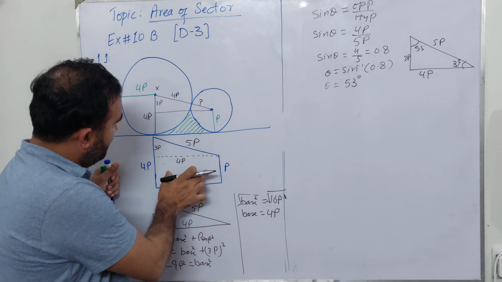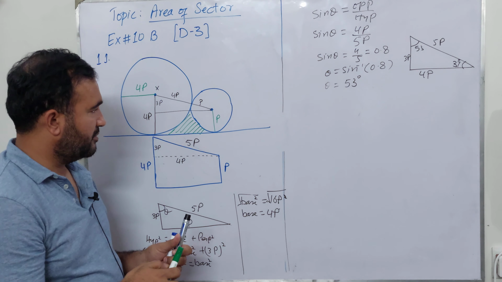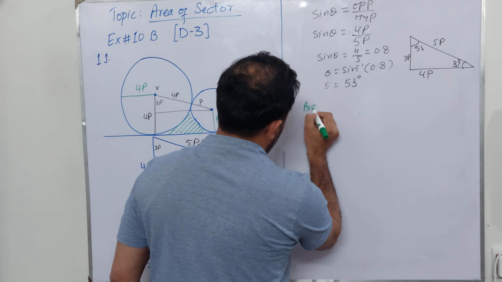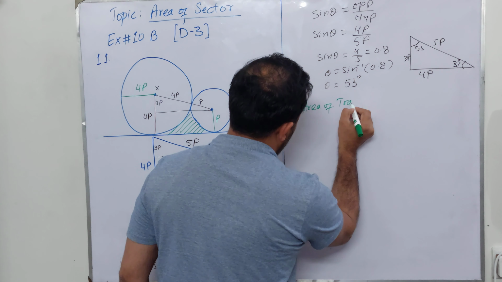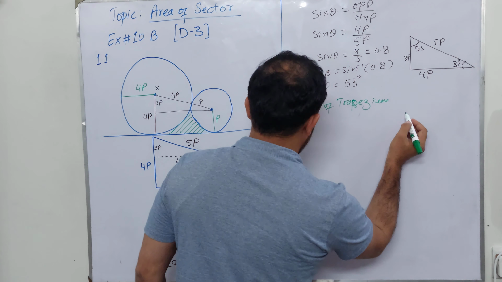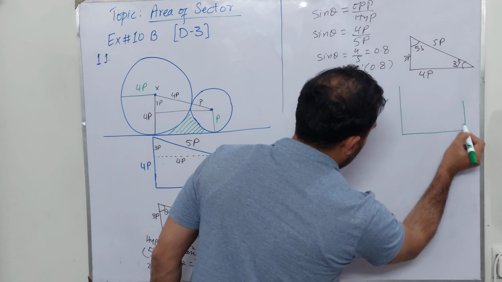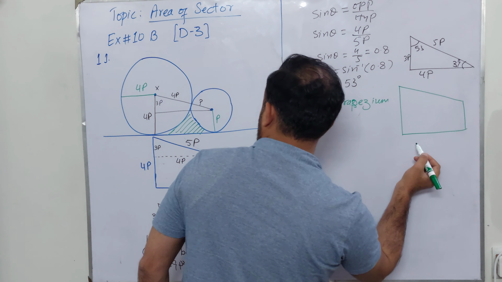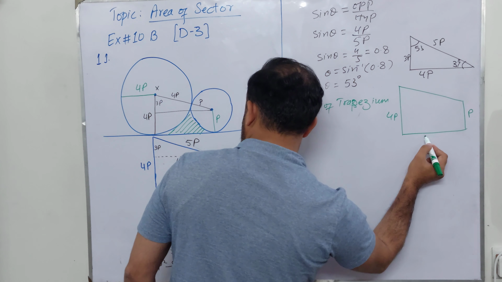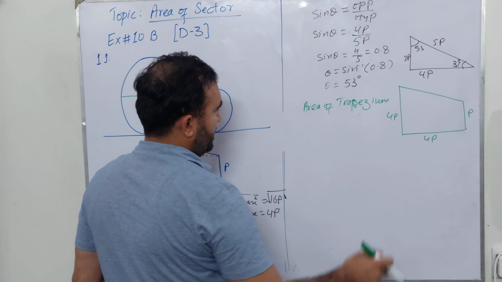This diagram is a trapezium, right? So the area of the trapezium, which is like this, has this side p, this is 4p, this is also 4p, and we don't need this in the area of the trapezium.